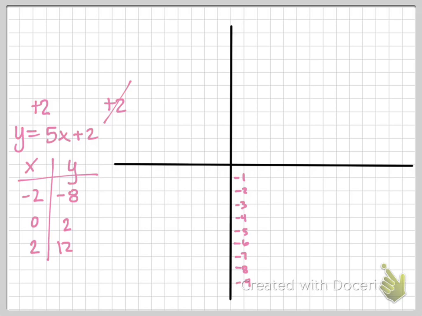And you only need to do your graph as large or as small as your biggest y value or as large as your biggest x value. Okay, so obviously my x values are not going to be very big, but because my y's are big, I don't want to make my chart too small.